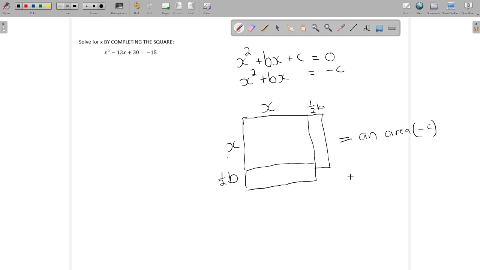The reason we've done this is because we've got a tiny little square at the bottom here, which is actually a half of b squared as its area.